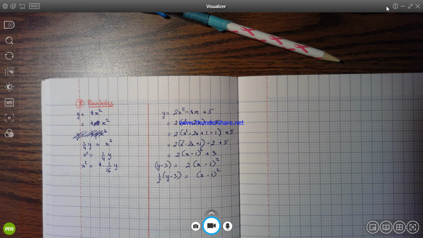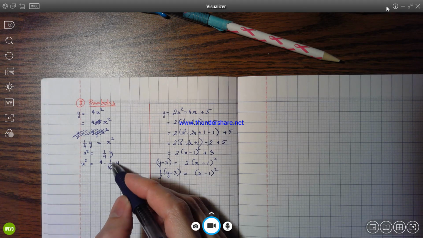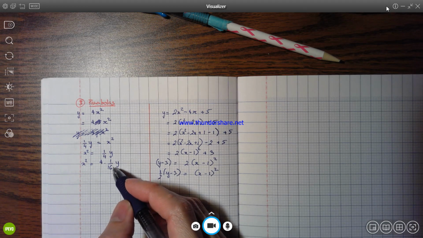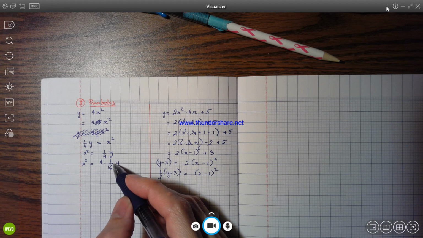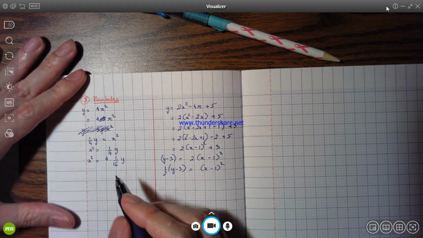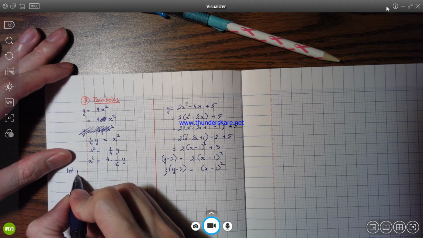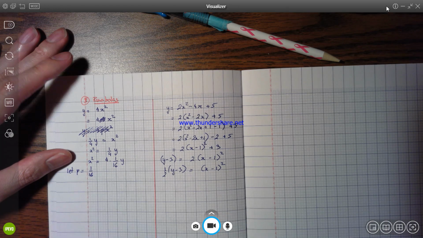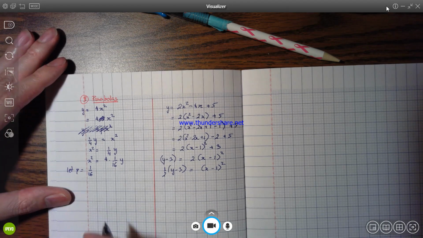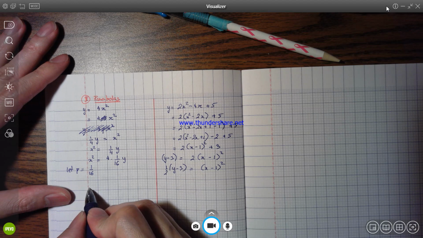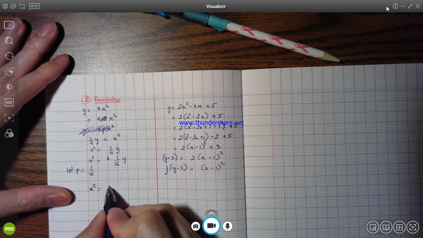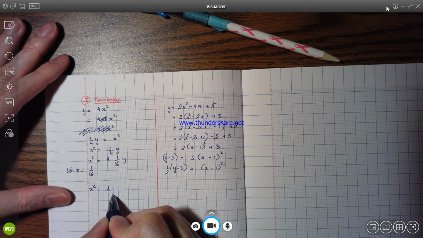Okay, now I'm gonna give 1 over 16 a variable. I'm gonna call the variable p. So I'm gonna let p equal to 1 over 16. Then my equation will become x squared equal to 4py.